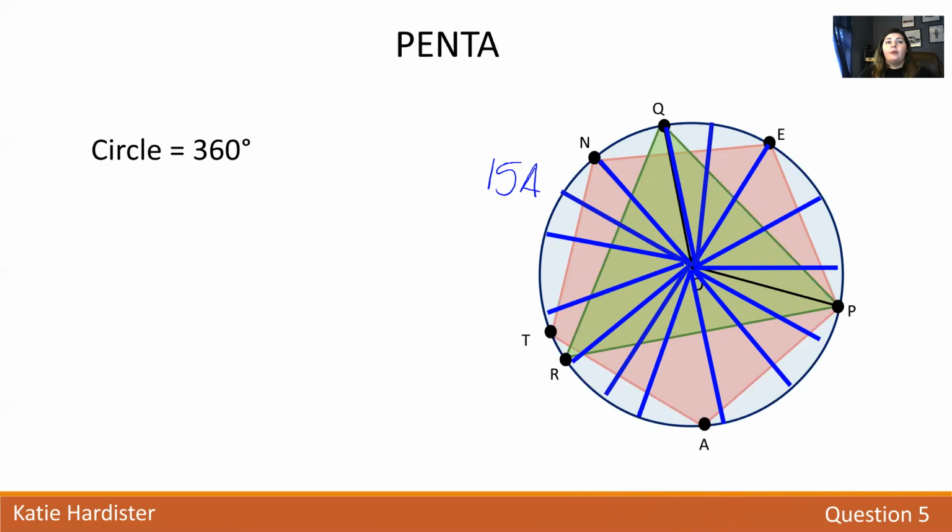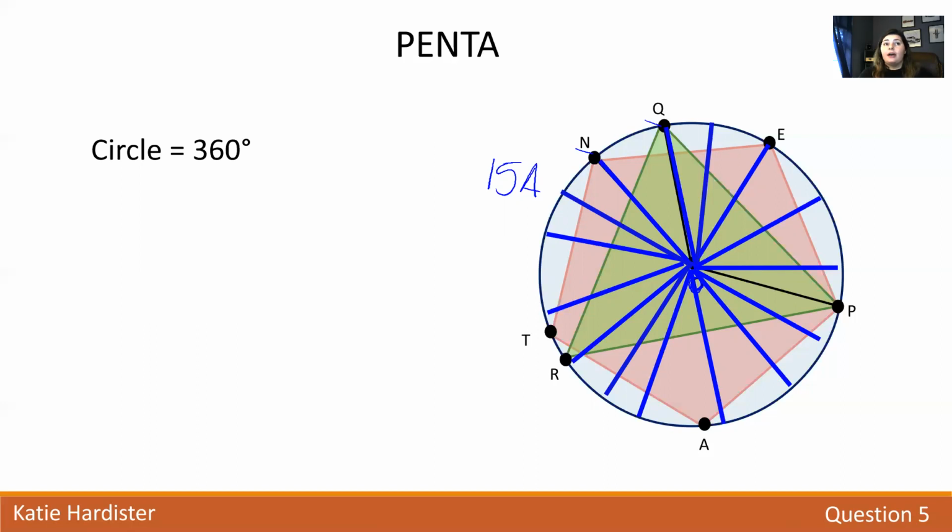So with that, we know we talked about that a circle is 360 degrees. So I'm trying to find here, and I kind of covered it up, but this O right here. So I'm trying to find what is the angle of NQO. Okay, so that's what we're trying to measure.